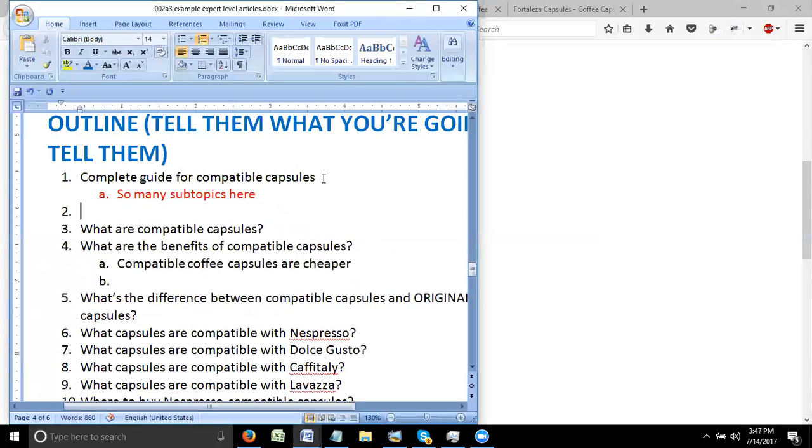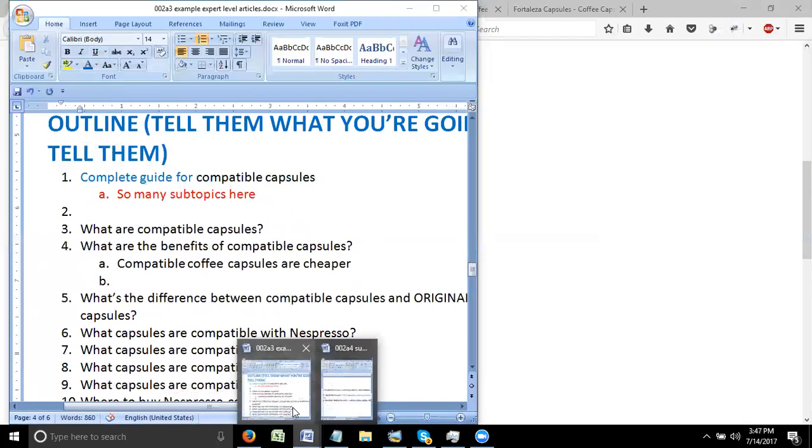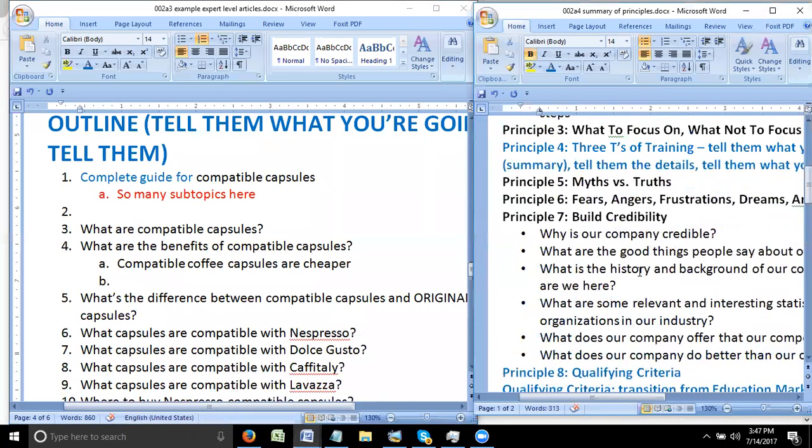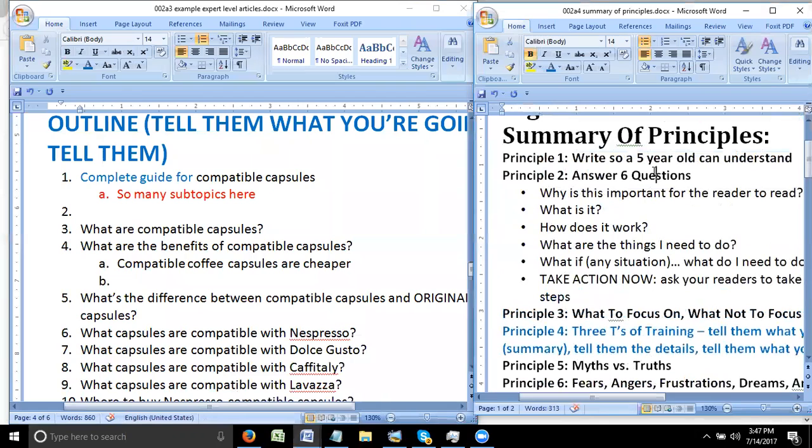And even when we don't know a lot yet about compatible capsules, you know, you can practically use this structure, complete guide, on any industry, on any niche, on any company. Just replace the keyword here. And remember that one of our principles that we talked about is the 6 questions. An expert answers the 6 questions. Why is this important for the reader to read? What is it?